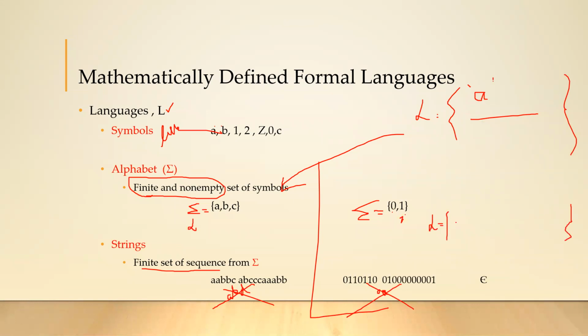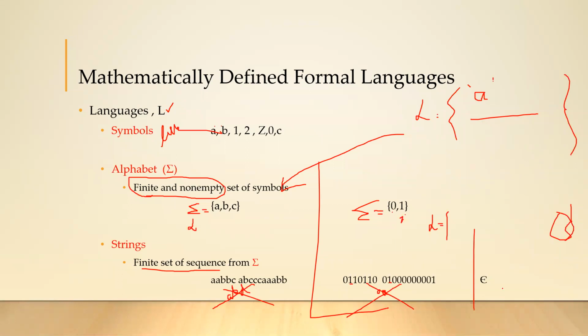I can have a language where all the strings end in 0, or where the second character is a 1, or where everything has three zeros. You can have any kind of language, but it must be built only from this particular sigma.